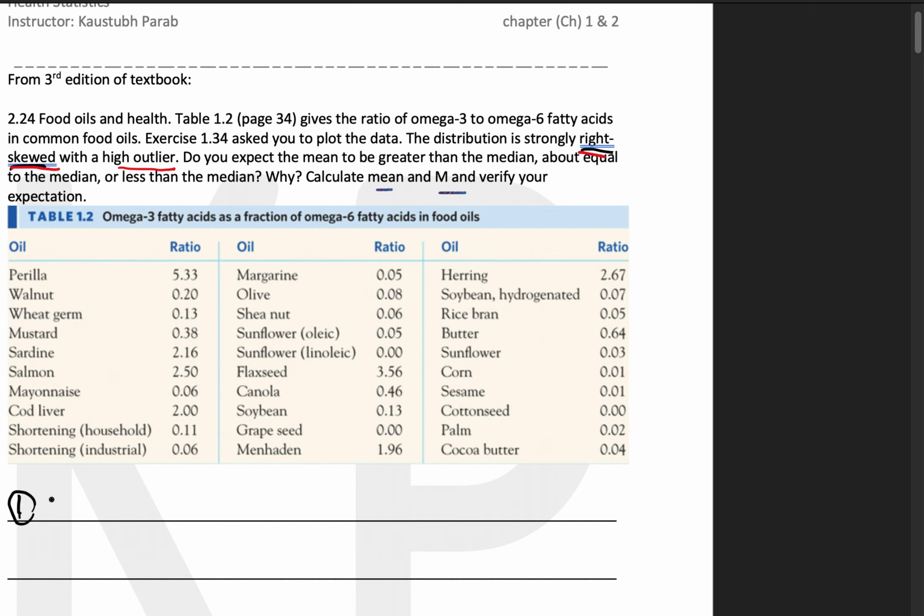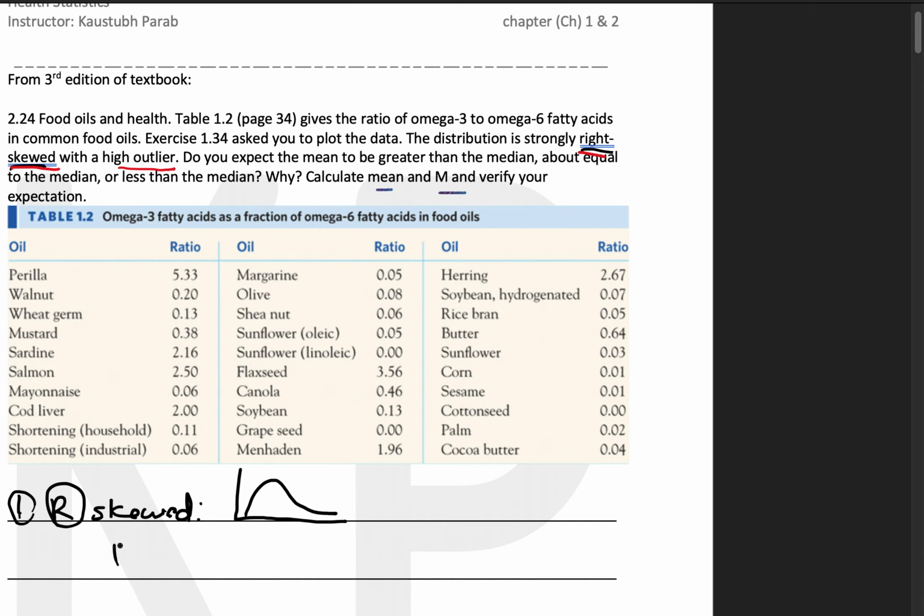So whenever we have skewness, our median is resistant to skewness, but mean is not. So meaning that the mean is getting pulled towards that particular side. So if the data is right skewed, graphically it's going to look like this.